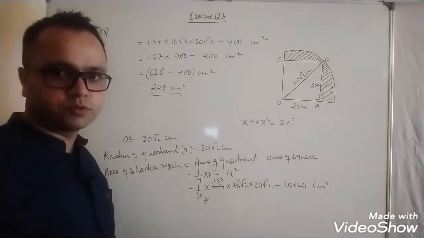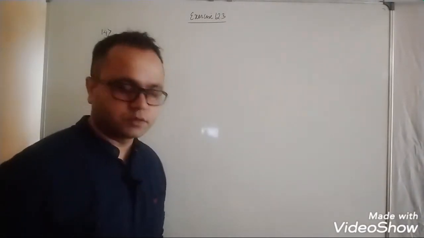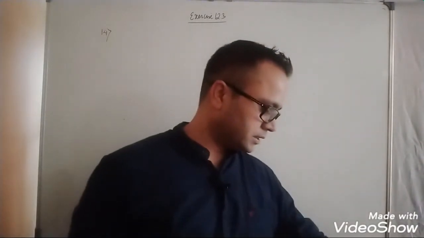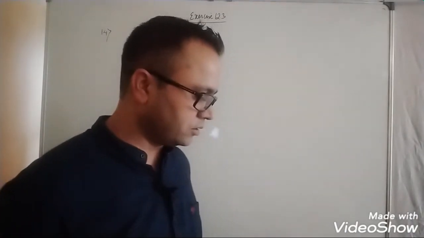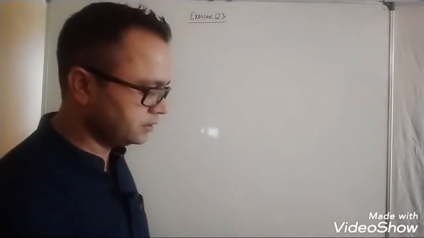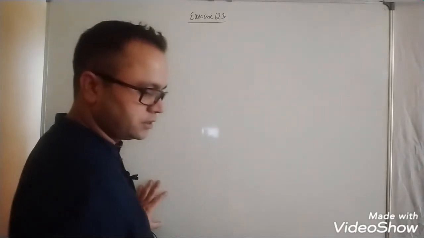Now move to question number 14. AB and CD are respectively arcs of two concentric circles of radii 21 centimeter and 7 centimeter.